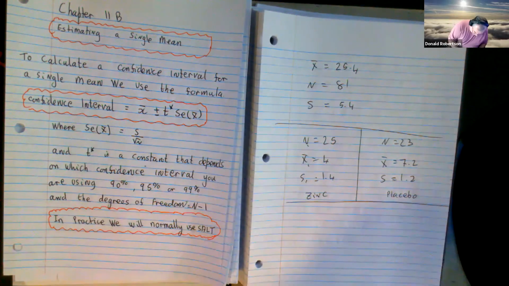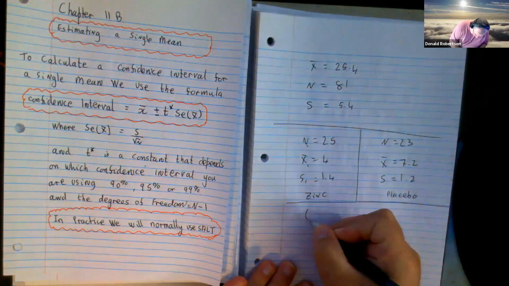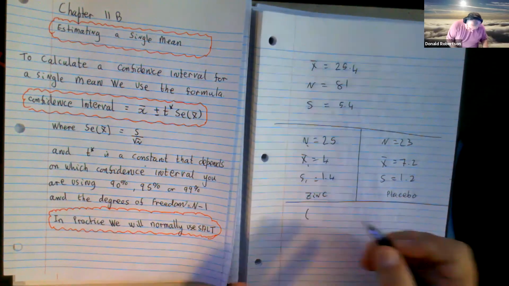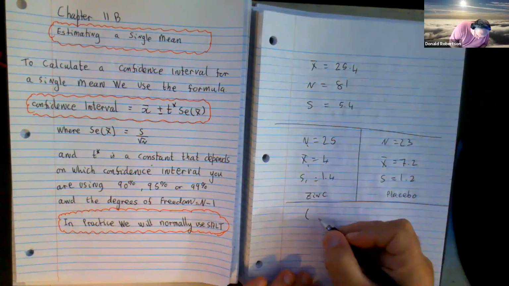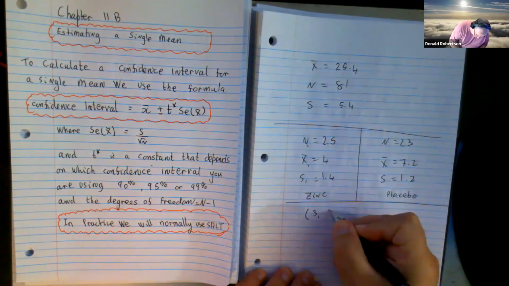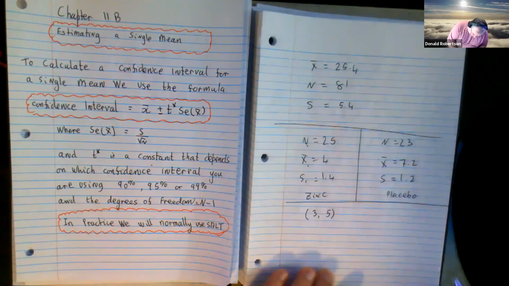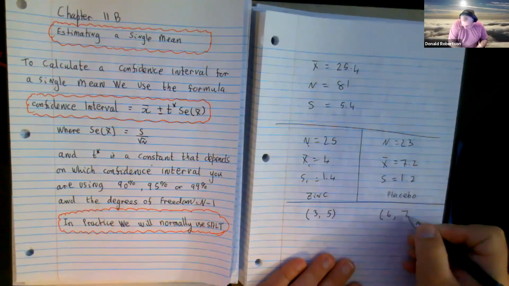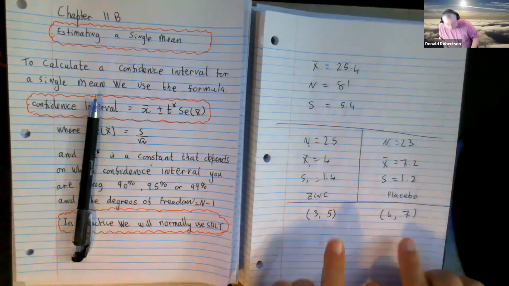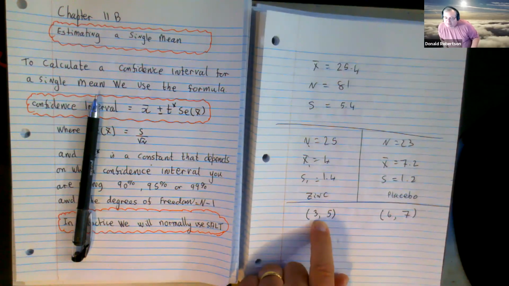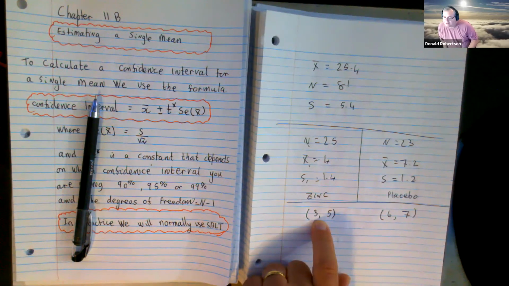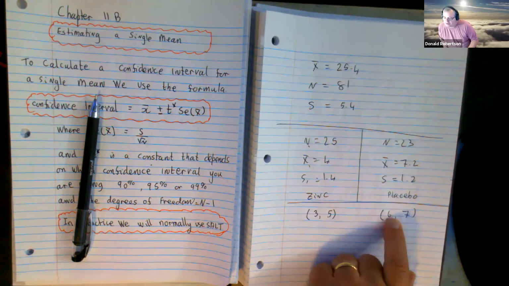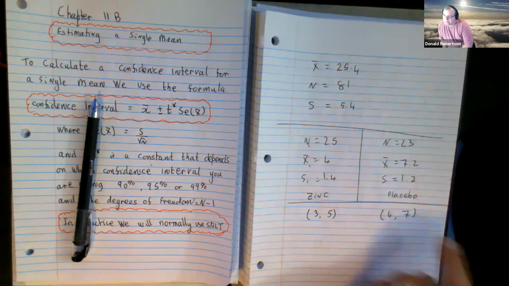I won't do this answer, but can I pretend that for the zinc, the average number of days it took was 3 to 5, and for the placebo, the average was 6 to 7? Can we just pretend that if you took a zinc tablet, you'd have the cold for 3 to 5 days before you were better, and if you took the placebo, it would take you 6 to 7 days?